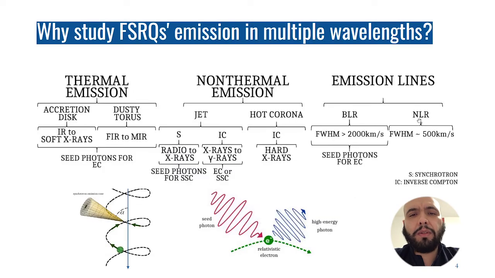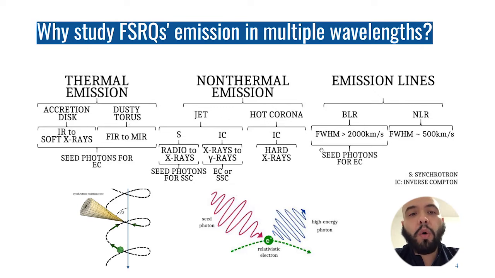So why study FSRQ's emission in multiple wavelengths? This is in order to understand the physical processes and mechanisms occurring in the central engine. FSRQs are very interesting astrophysical objects, since they practically emit radiation at all observable frequencies, from radio to gamma rays, and their optical spectra present broad emission lines. This allows us to probe the different regions of the central engine and the relativistic jet.